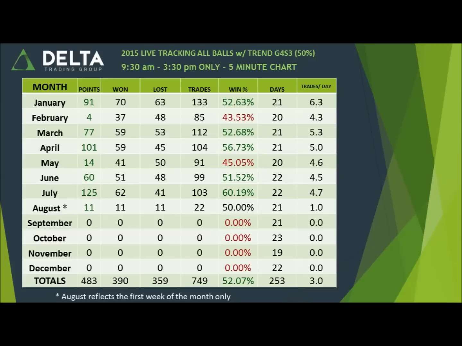I, for the life of me, can't understand why people want to increase the number of trades that they're winning when their profit margins are so high at a fixed number of trades, at a fixed win-loss ratio. Over the course of 749 trades, the win-loss ratio is exactly 52% here, which this trade we know is a 50-50 trade, plus or minus a few points.